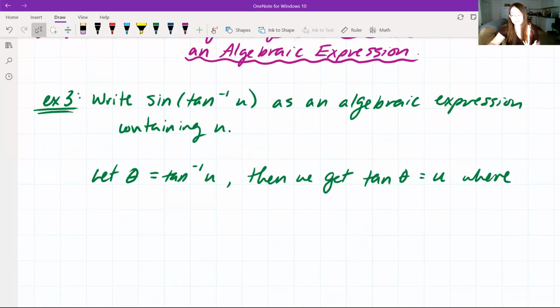So tangent of theta is equal to u, where theta is between negative pi over 2 and positive pi over 2, and u is between negative infinity and infinity.